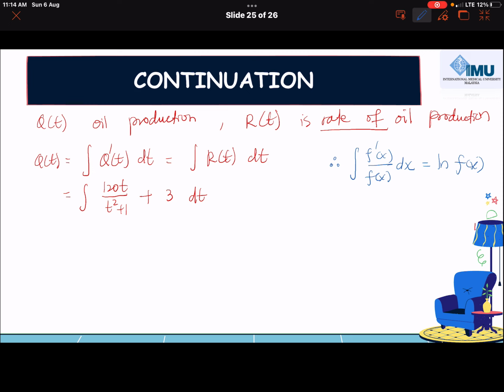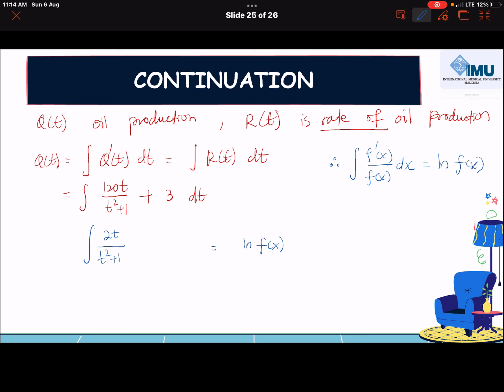This is the formula. Notice, if let's say your t squared plus 1 is your f(x), what will be the f' of that? Yes, 2t. So if you want to integrate 2t over t squared plus 1, which satisfies the formula of recognition, the answer will be ln f(x).